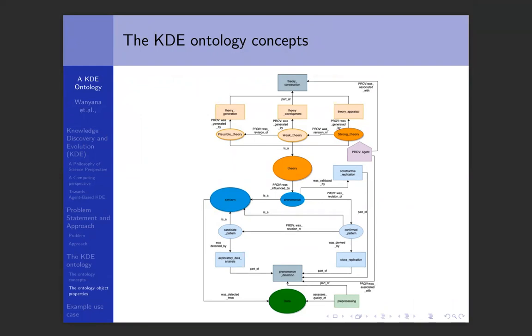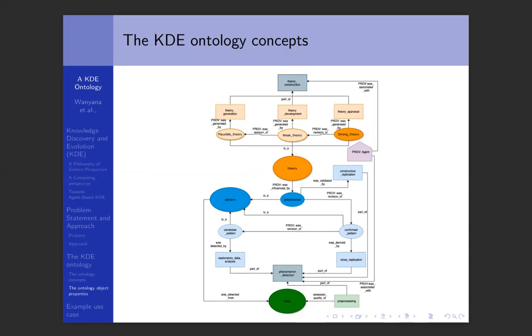The object properties that are prefixed with PROV are ones that we obtain from the PROV ontology. So as an example, a theory is influenced by a phenomenon, not a pattern. A pattern has to be revised until it's stable, and then a theory can be generated for it.